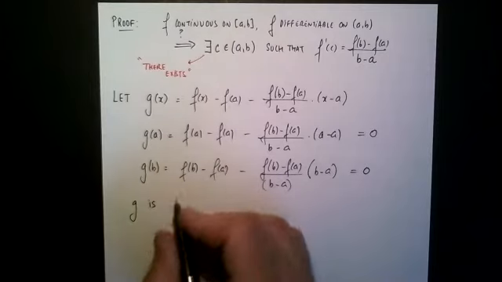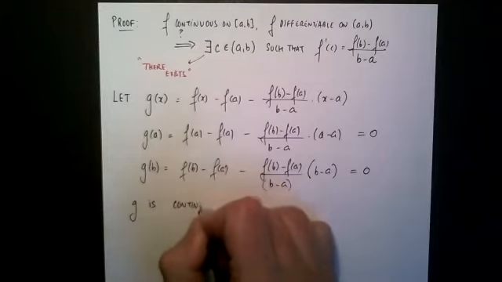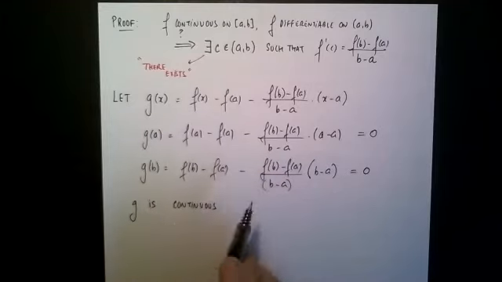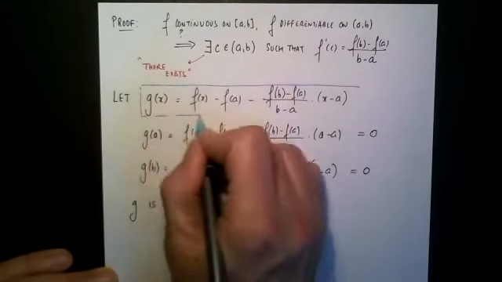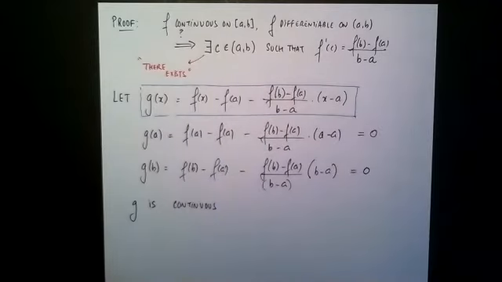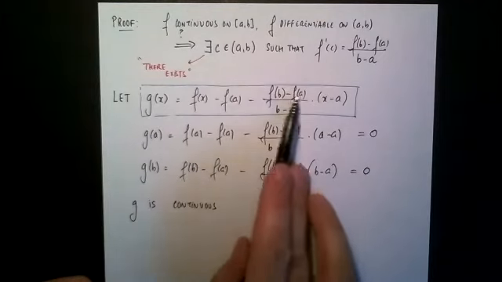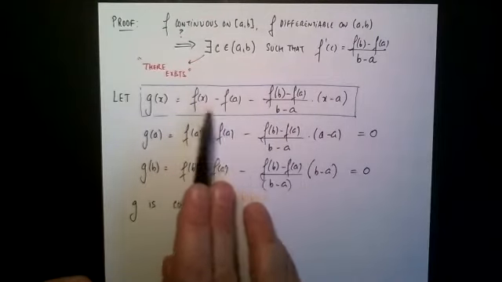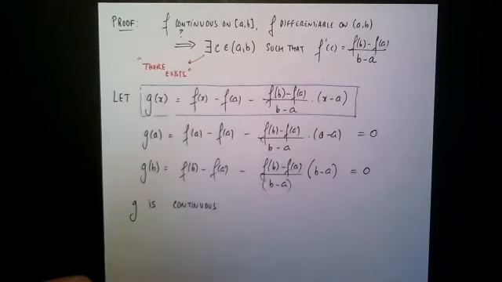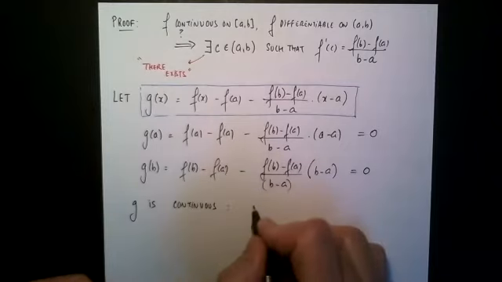Now, g is continuous. I'm going to box g so that we can refer to it easily. That's my function g. g is continuous, obviously, because there's no denominator of 0. f is continuous, so I'm subtracting continuous functions and I get a continuous function, on the interval ab.